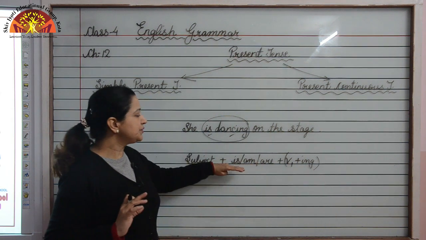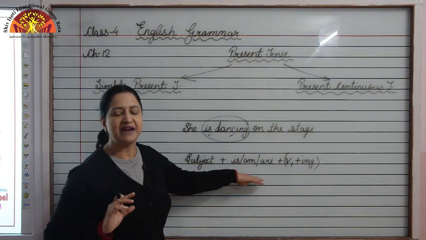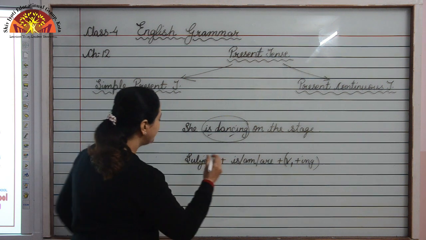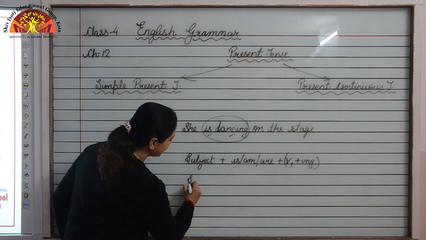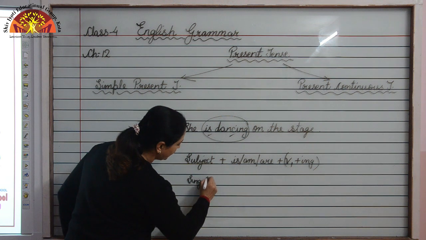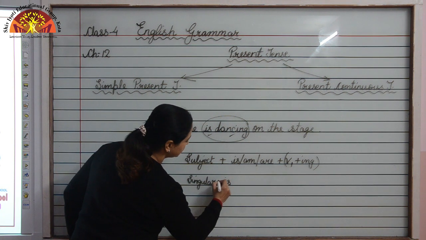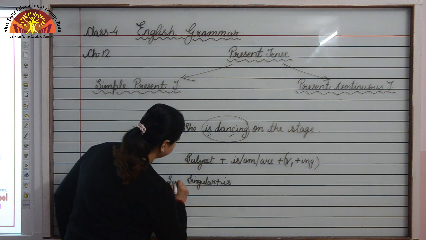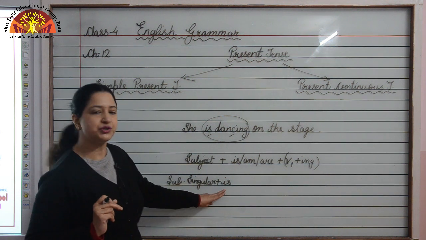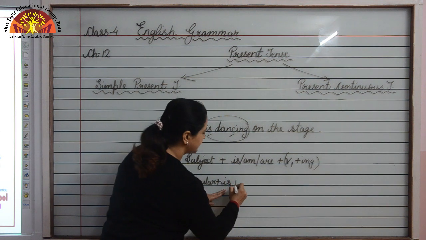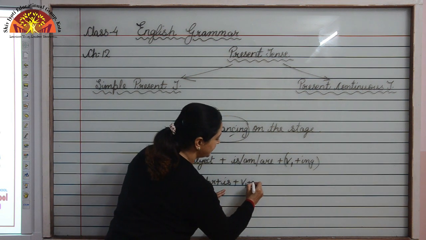Now where to use is, where to use am, and where to use are. When your subject is singular, you have to use is plus first form of verb plus ing.